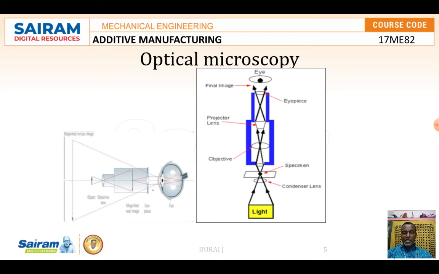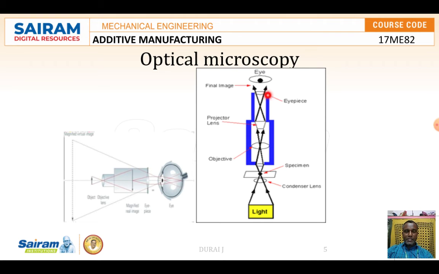Even in the normal microscope, we keep the sample wherever the sunlight focus is more. But in the optical microscope, the light is produced from the microscope itself, so we can easily find the values.